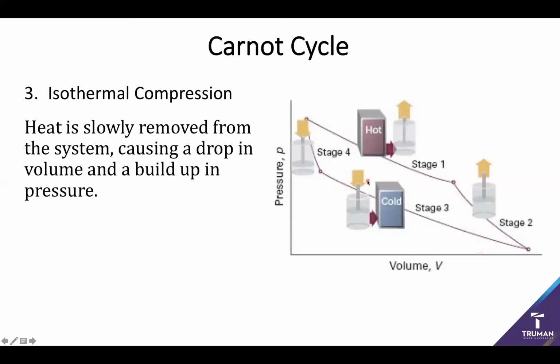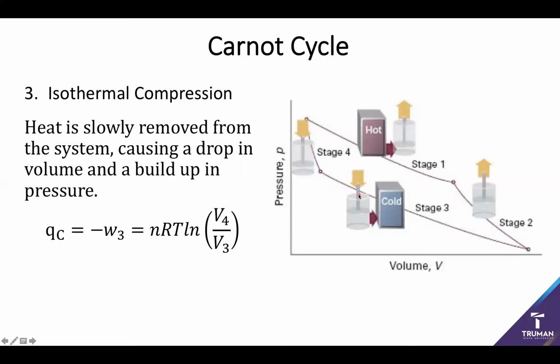And so while this heat is being removed, we're essentially also going to be putting extra energy into the system in the form of work. So we'll now be essentially compressing our piston back down. And it turns out that because this is isothermal, the amount of work we put in is going to be the exact negative of the heat leaving the system.